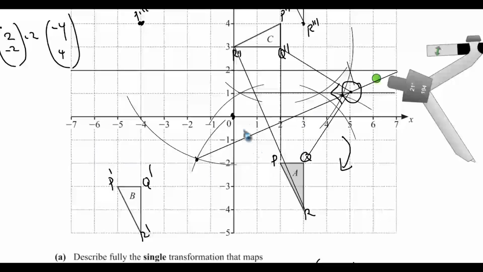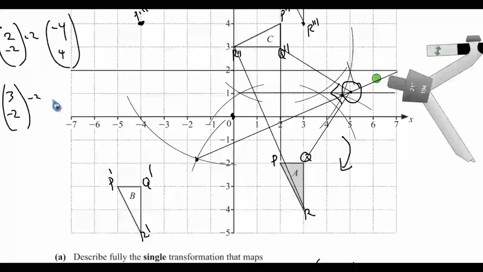Then let's count from the center of enlargement to point Q. 1, 2, 3. Okay, that is 3. Then 1, 2. So we have 3 against -2. y is -2 because you counted downward. Multiply by -2, so this will be -6 against 4.